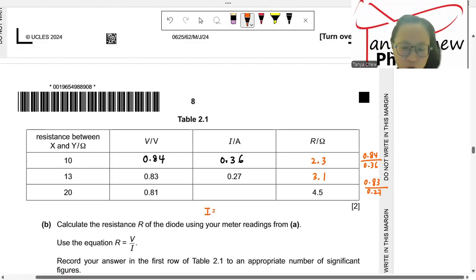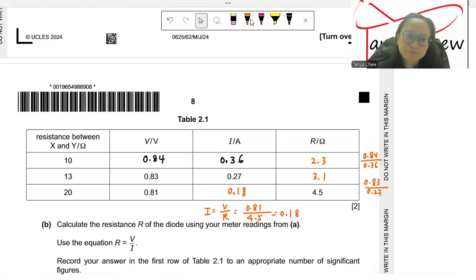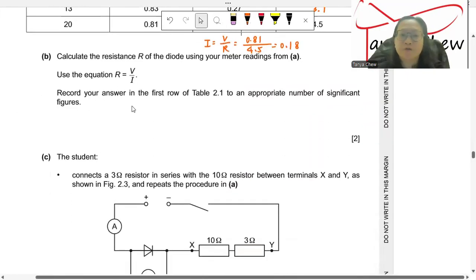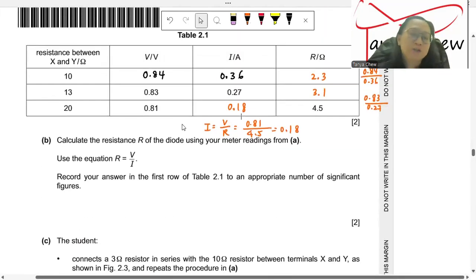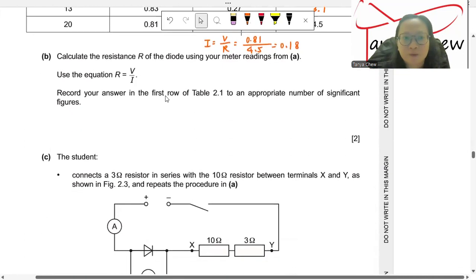I is equal to, cross multiply from here, V over R. So 0.81 divided by 4.5, and I got 0.18 as the value of I. And record your answer in the first row of Table 2.1 to an appropriate number of significant figures. I did that. I put two significant figures because my raw data have two significant figures.